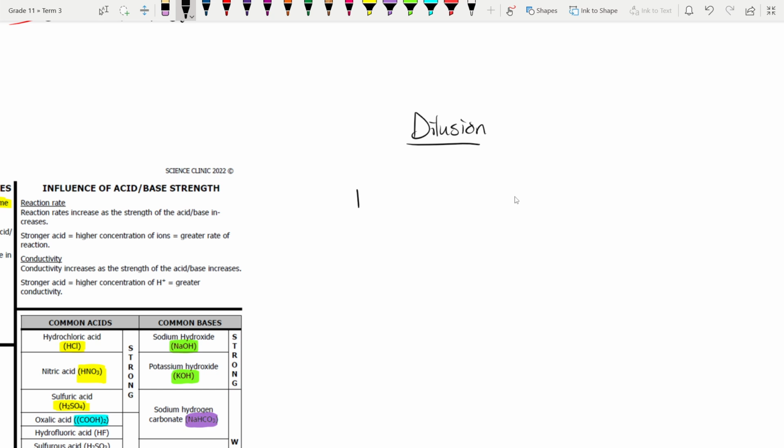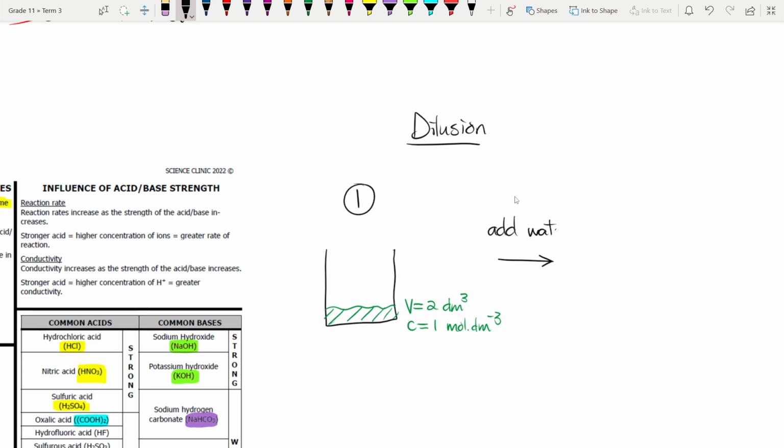Let's say we start at state 1 here, whereby we put this amount of acid in, and the volume of this acid is 2 decimeter cubed, and the concentration of this acid is 1 mole per decimeter cubed. Then what I'm going to do to it is add water. Let's say add more water.